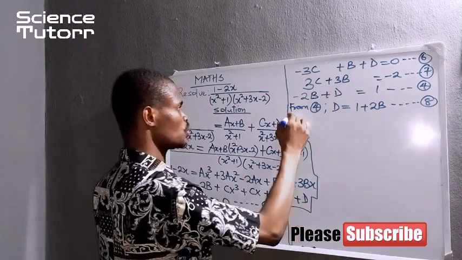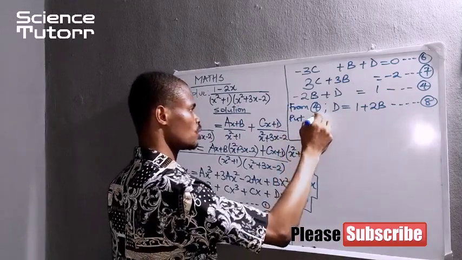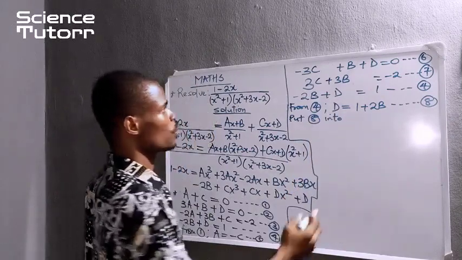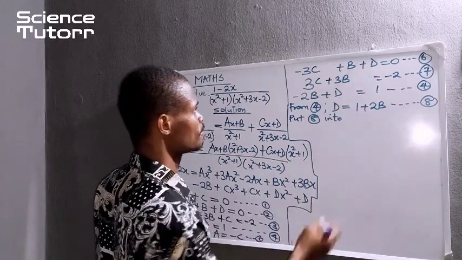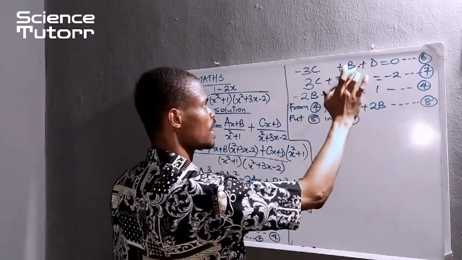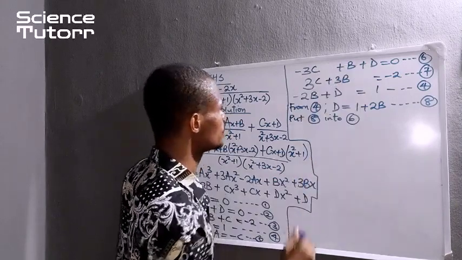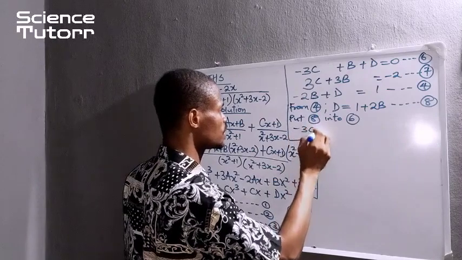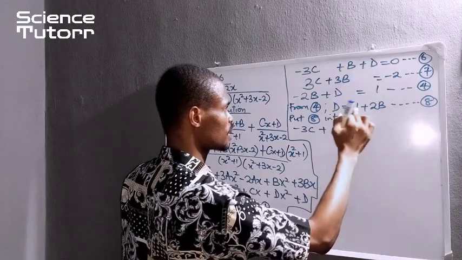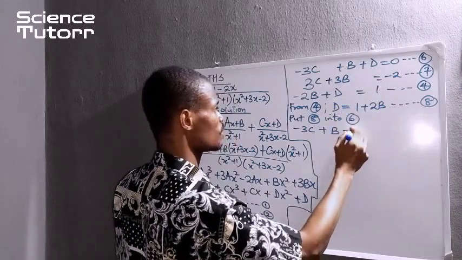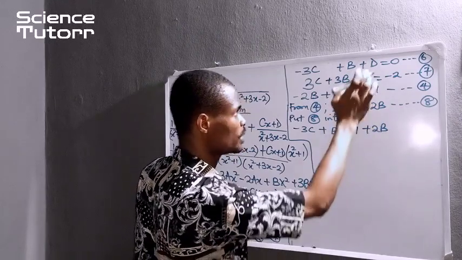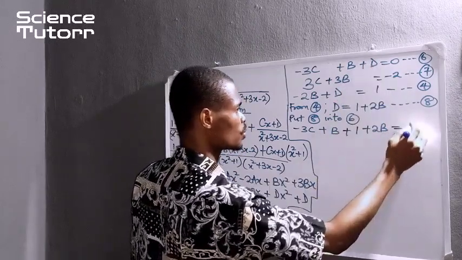So I'm going to substitute equation 8 into equation 6, so that I can have a simplified form of C and B. So into equation 6, I'm having minus 3C plus B plus D. D in this case now will take the place of 1 plus 2B, equals 0.